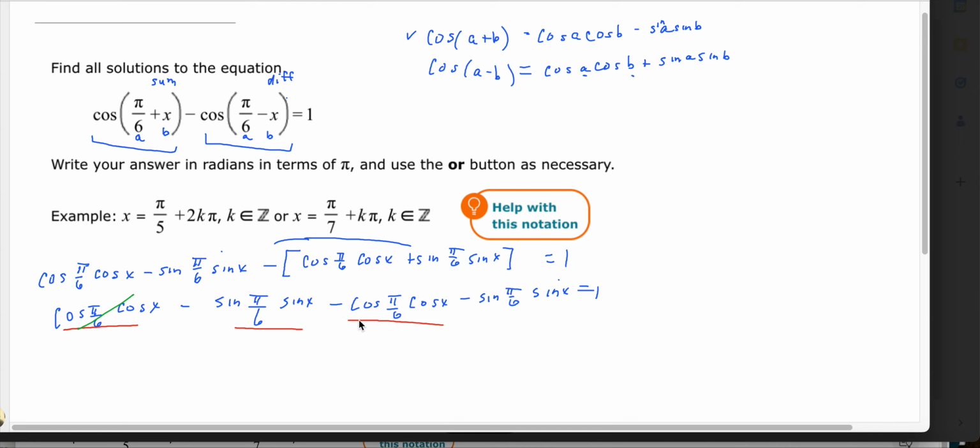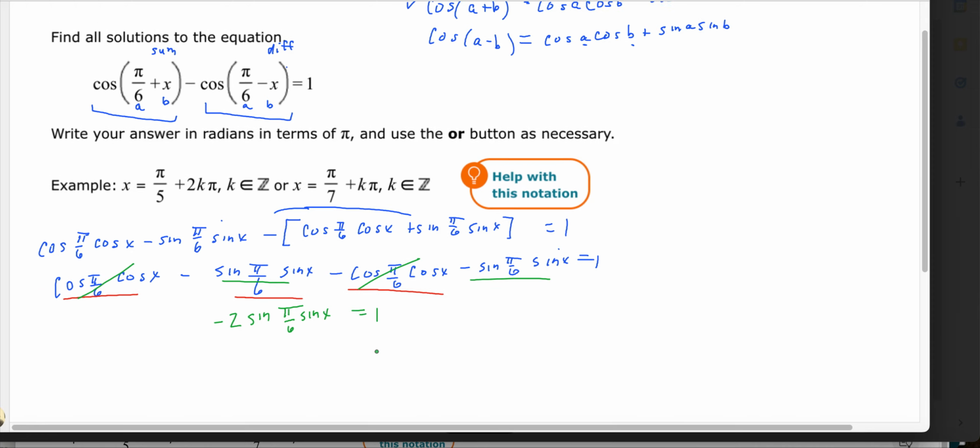And then I have negative sine pi over 6 sine x and another negative sine pi over 6 sine x. So that gives me negative 2 of them when I combine this one with this one. So then that equals 1.